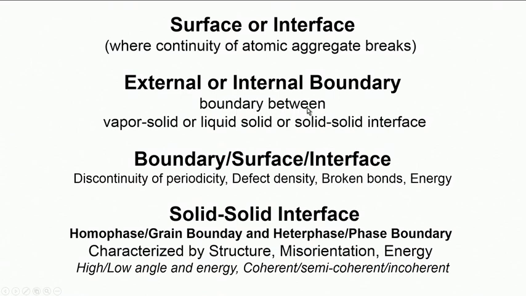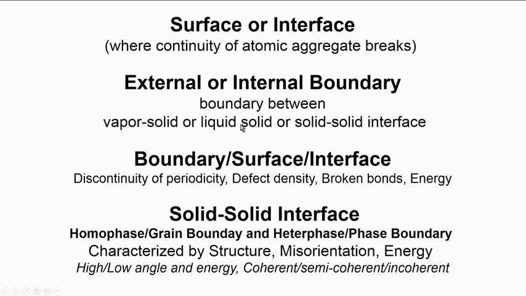The boundary is either vapor-solid, solid-liquid or solid-solid, and all are qualified to be called external or internal boundaries. In fact, if two vapor phases are immiscible, or two liquids are immiscible, there also you can have interfaces.